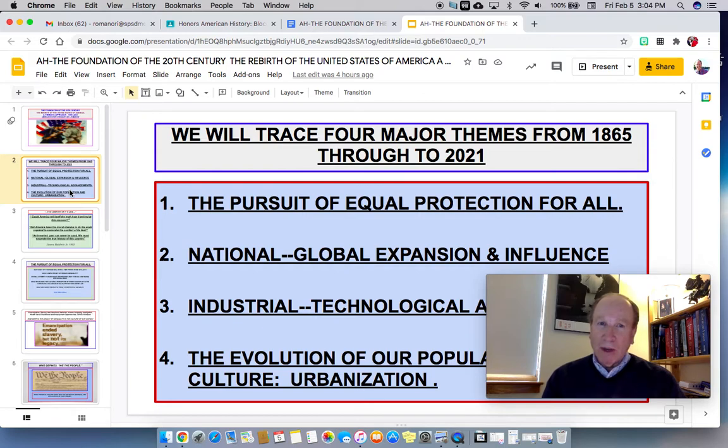We'll do the same thing with national and global expansion and influence, the Cold War, the China, Russia effort to compete with the United States, global trade. We'll also do the same with industrial and technological advancements. And the fourth major theme is the evolution of our demographics, our population.